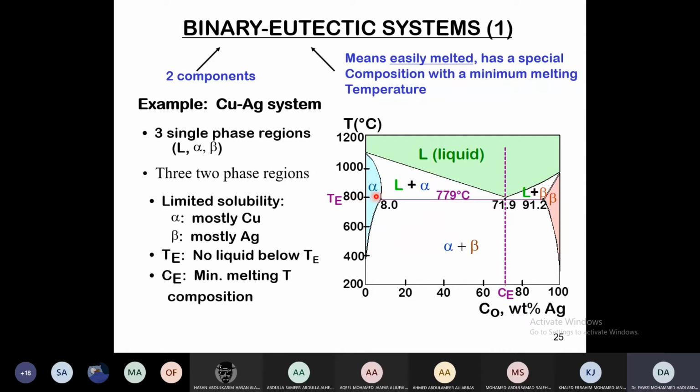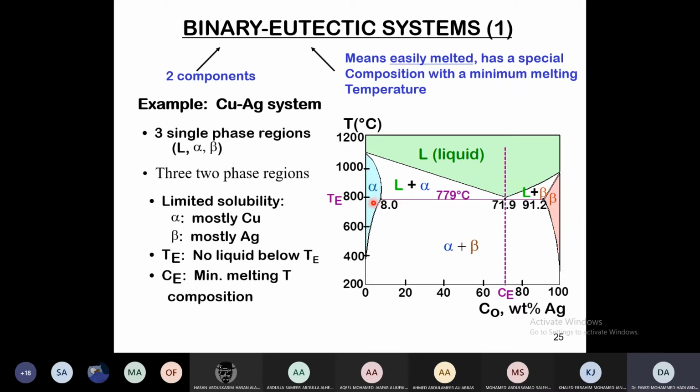The alpha solid solution is mostly copper. If you look at the weight percentage, the composition, we are in these ranges, so most of the alpha is copper. On the other hand, beta is mostly silver, because we are in this range. The amount of silver is the overwhelming majority of the atoms there.